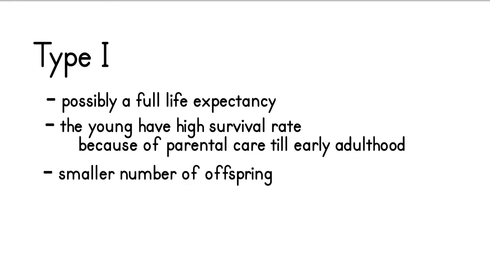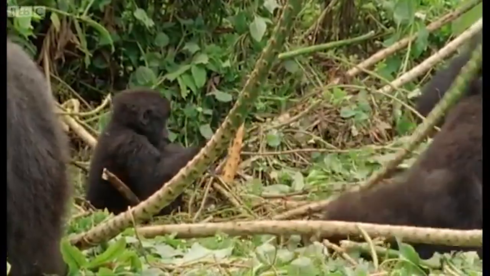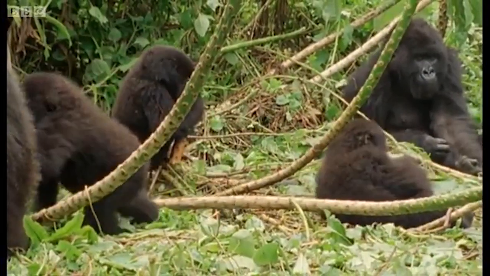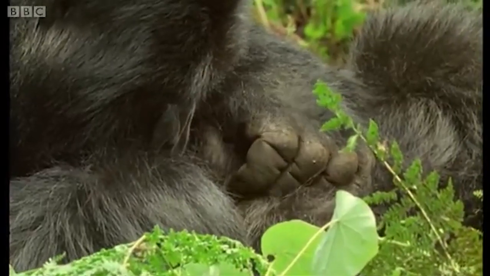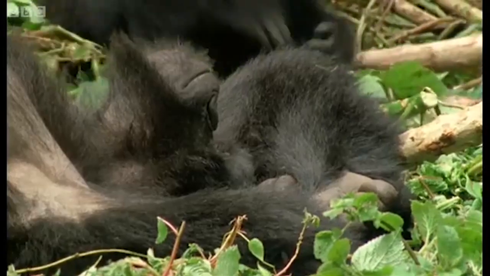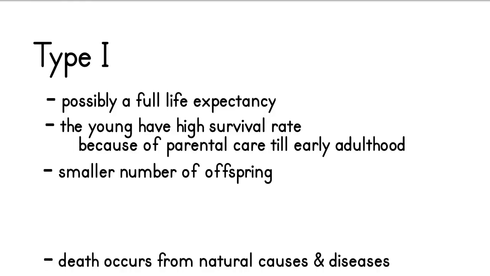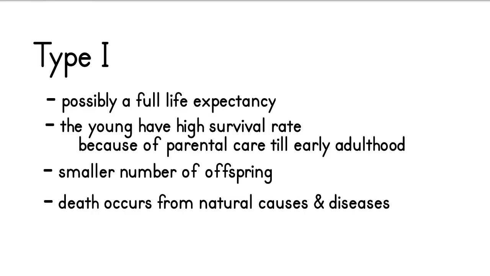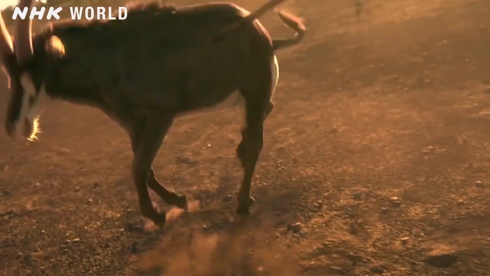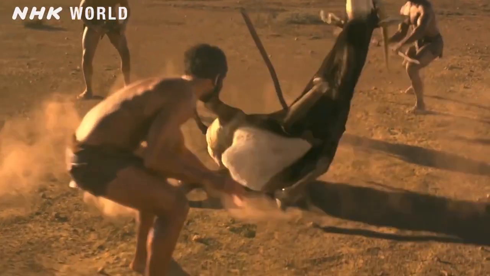The young are fed and even taught how to hunt, are protected from predators, and are given the necessary care and medication in case of ailment. The drop in the number or percentage of individuals may be due to natural causes or diseases. Man, and basically almost all other mammals, belong to this group.